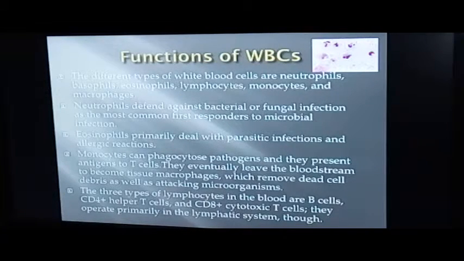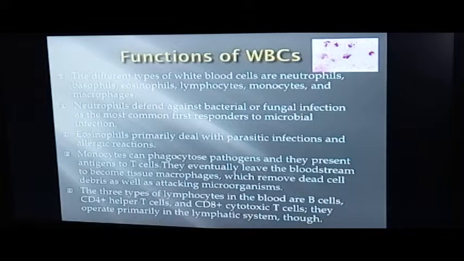So the functions of white blood cells are pretty simple, and this is a complicated slide, but we'll go through it as simply as we can. Neutrophils defend the body against bacteria or fungal infection.